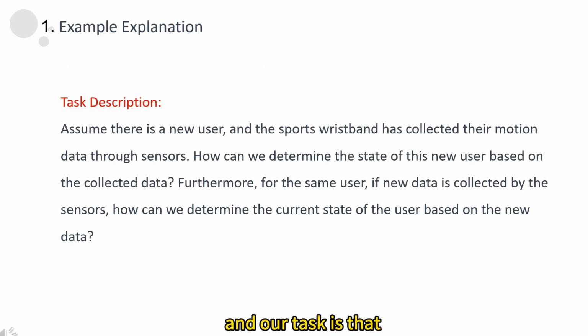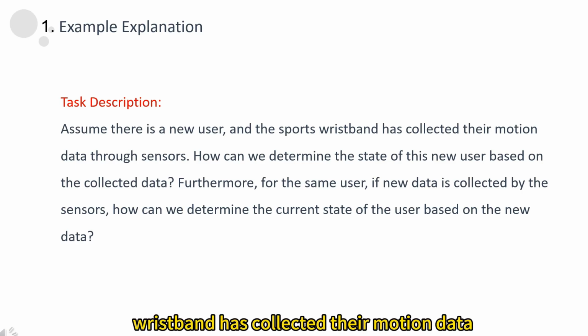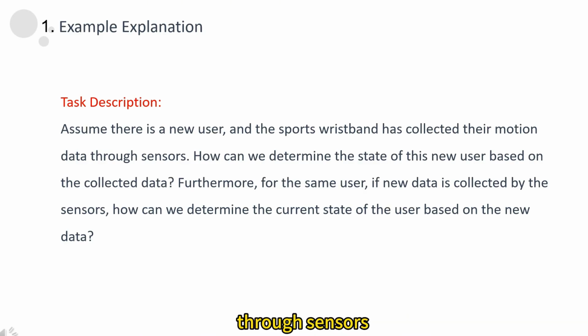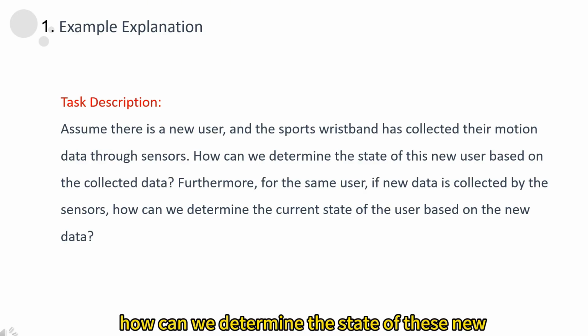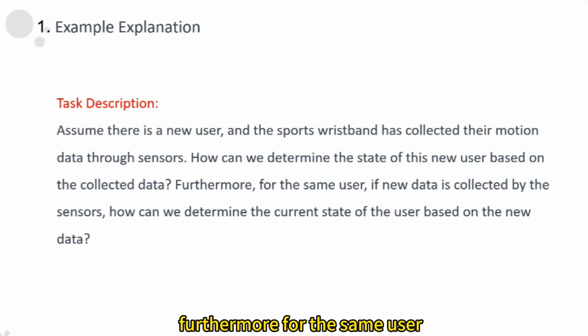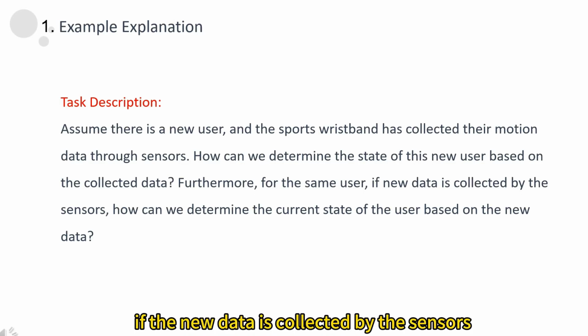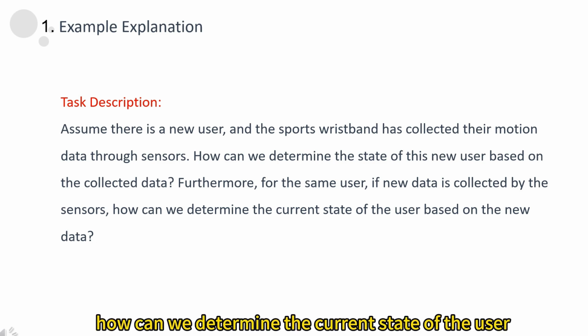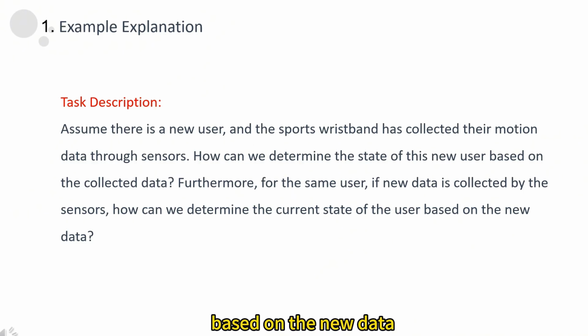And our task is: assume there's a new user, and the sports wristband has collected their motion data through sensors. How can we determine the state of these new users based on the collected data? Furthermore, for the same user, if new data is collected by the sensors, how can we determine the current state of the user based on the new data?